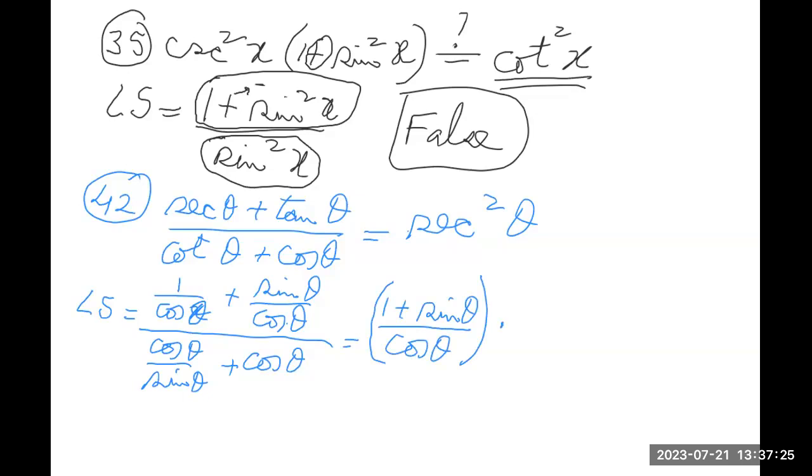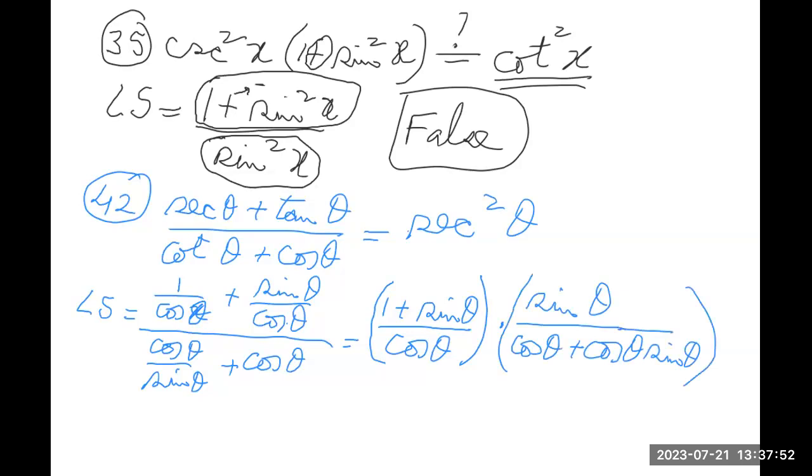And in this denominator, using a common denominator of sine theta, this will become sine theta over cosine theta plus cosine theta sine theta. So I've done two things here.